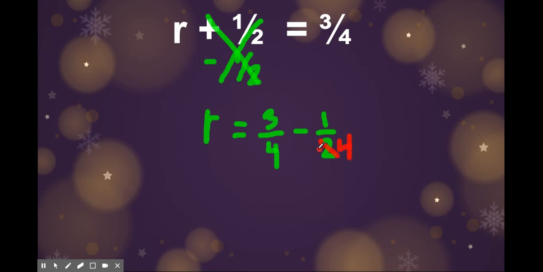And if I multiply 2 times 2, that gives me 4, so I'm going to multiply my 1 by 2. So I have a 2. So 3 minus 2 is 1, and my denominator stays the same. So r is equal to 1/4.